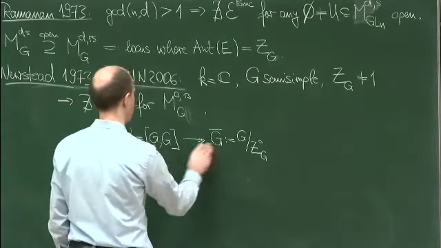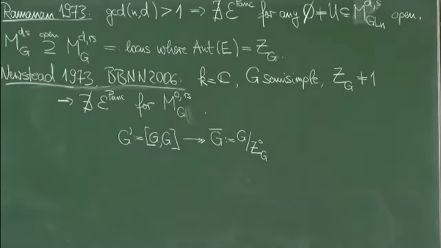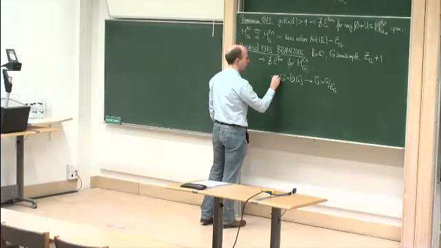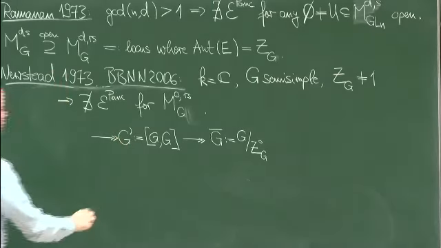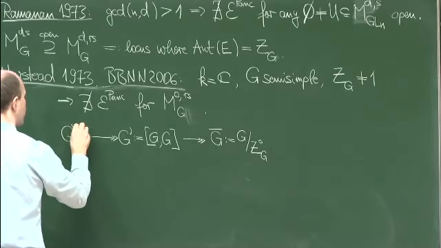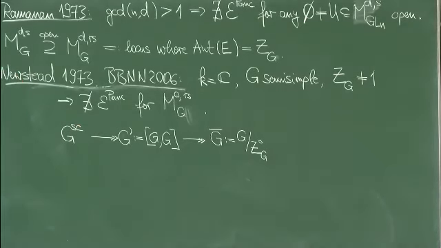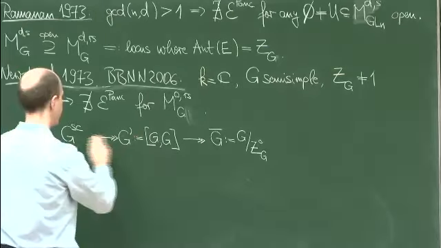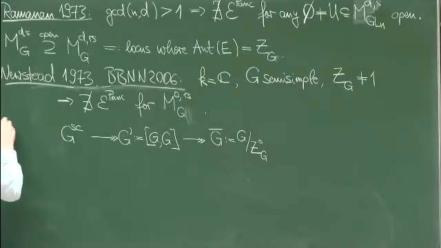In fact, there are two more groups that you can write down, namely the universal cover of this semi-simple group. This is kind of the largest semi-simple group that you can put here with the central isogeny. So we have central isogenies.